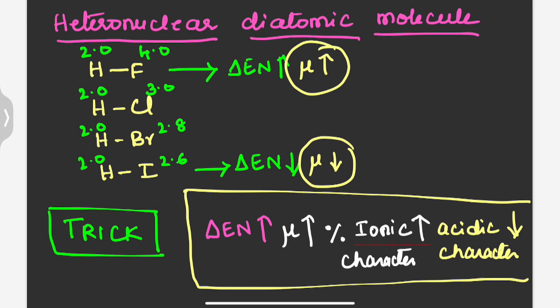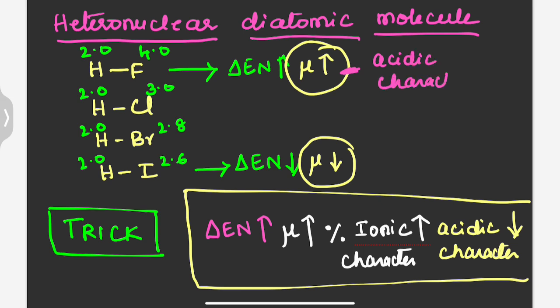And then we will see the acidic character. So what is the relationship here? You can see the relation is, when dipole moment increases, acidic character will decrease. Here you can see the dipole moment is increasing, therefore their acidic character will decrease.